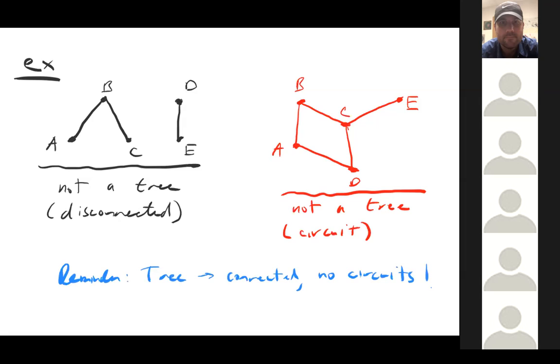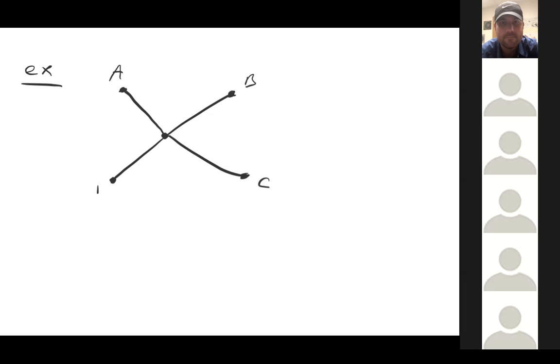Okay, so now let's look at something that is a tree. Here's a simple one: A, B, C, D, and E. That looks like it's connected, doesn't it?